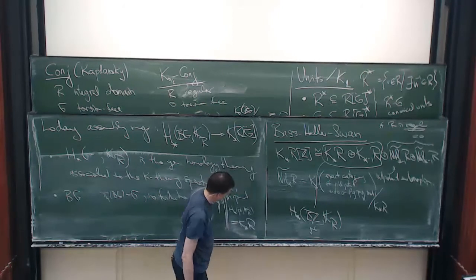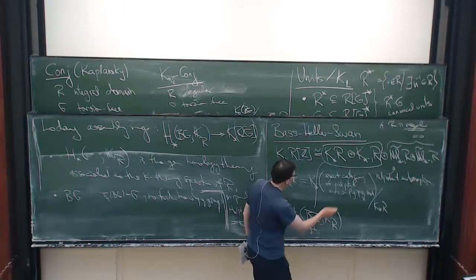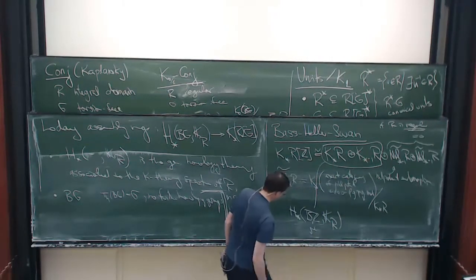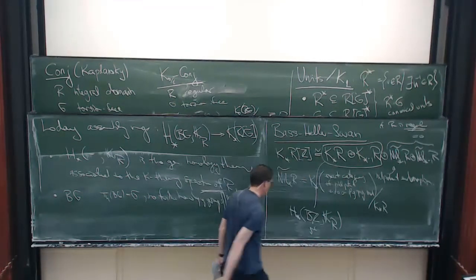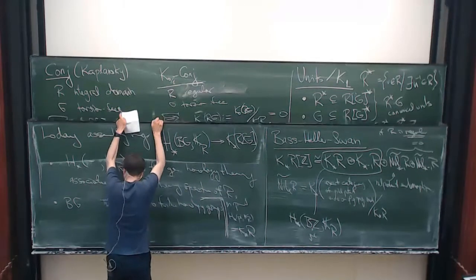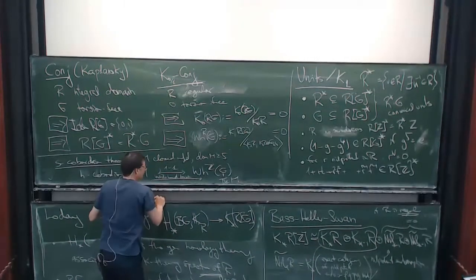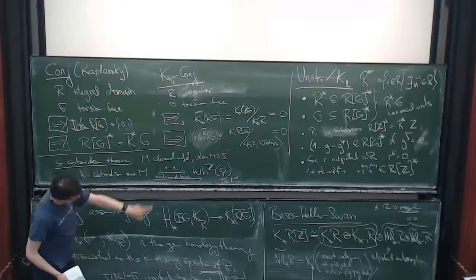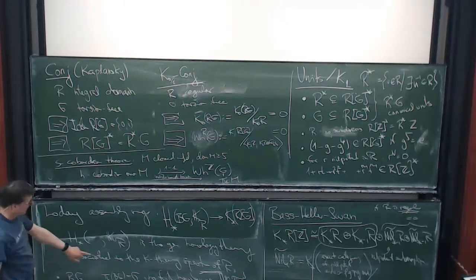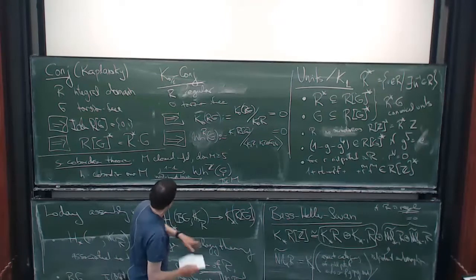We just get the coefficients, so we get K star of R, and then we get a copy shifted by the dimension of the sphere, which is the other copy here. And so the general version of this conjecture says that under suitable assumptions, this should always happen.